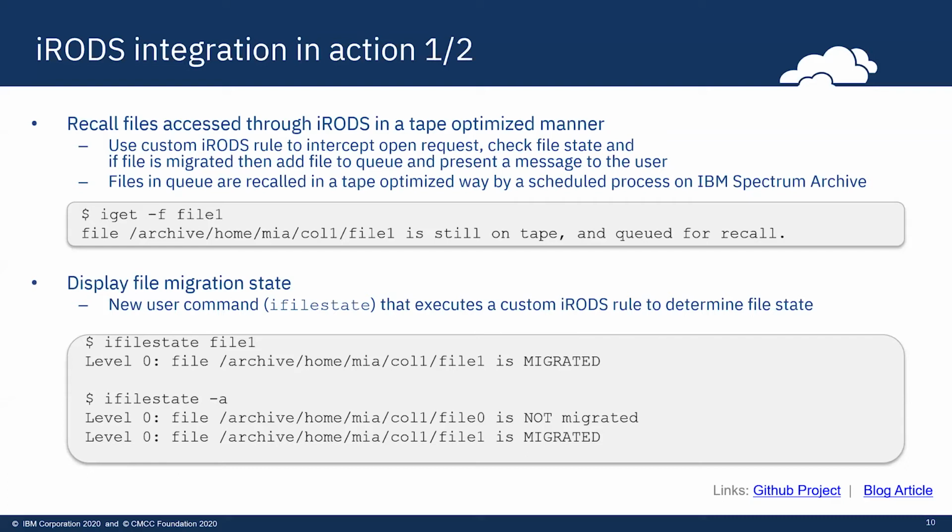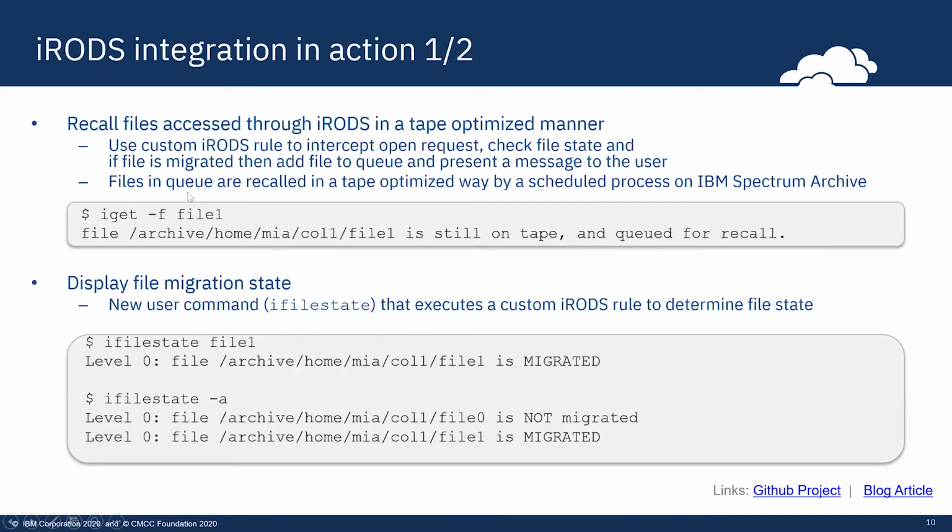And if the file state is migrated, then we add the name of the file into a queue located in the Spectrum Scale Spectrum Archive server, and present a message to the user that the file cannot be accessed right now, right? So as you see here in this example, in this first box, we do this iGet for this file 1, and the user gets the message that the file is still on tape, it's being queued for recall.